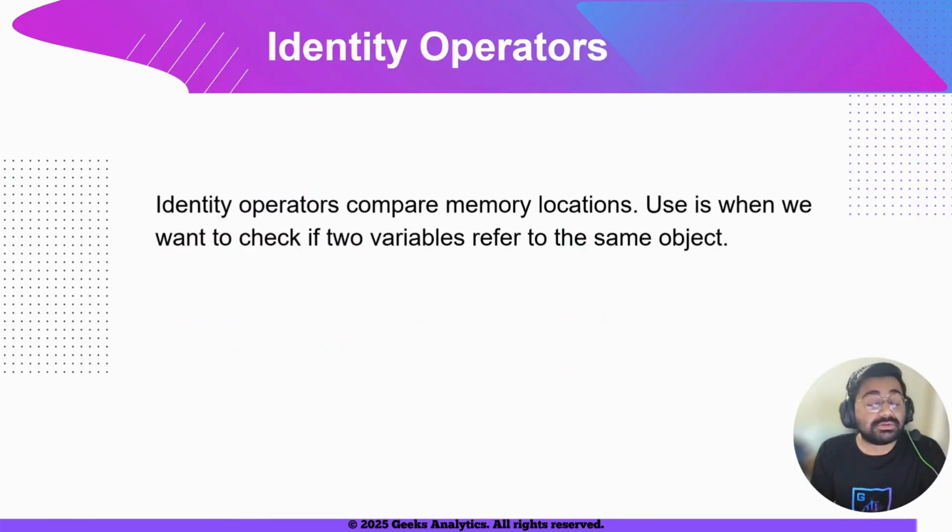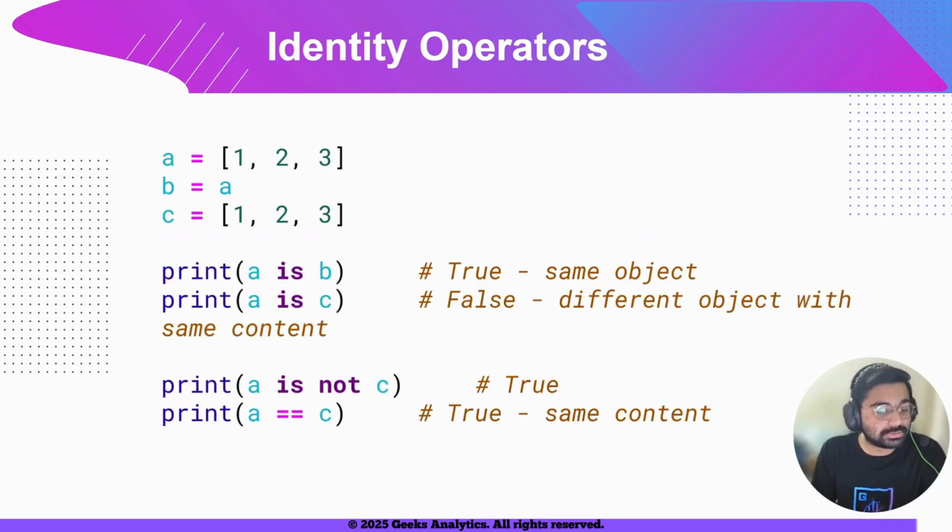Then talking about the last type of operators, that is the identity operator. Identity operators compare memory locations, and are used to check if two variables refer to the same object, that is, the value is stored at the same memory location.